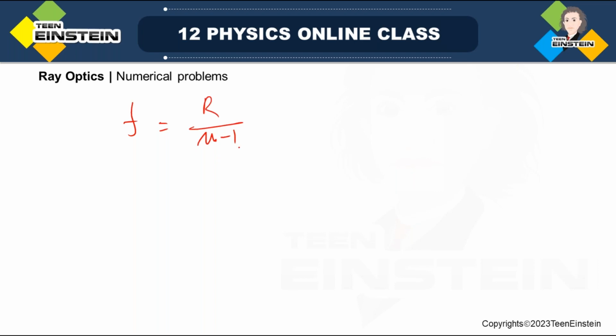So we need to find r is equal to mu minus 1 into f.